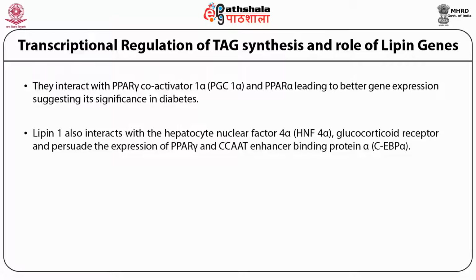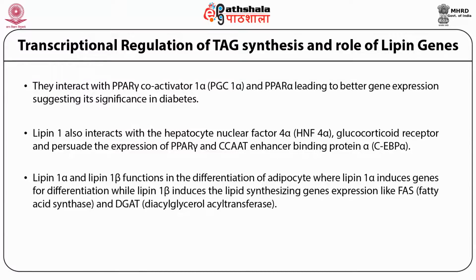Lipin 1 also interacts with the hepatocyte nuclear factor 4 alpha, glucocorticoid receptor, and induces the expression of PPAR gamma and CCAAT enhancer binding protein alpha. Lipin 1 alpha and lipin 1 beta function in the differentiation of adipocytes, where lipin 1 alpha induces genes for differentiation, while lipin 1 beta induces lipid synthesizing gene expression like fatty acid synthase and diacylglycerol acyltransferase.